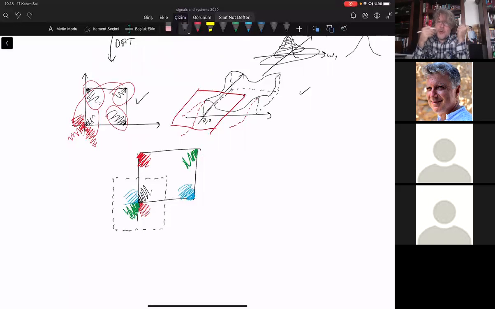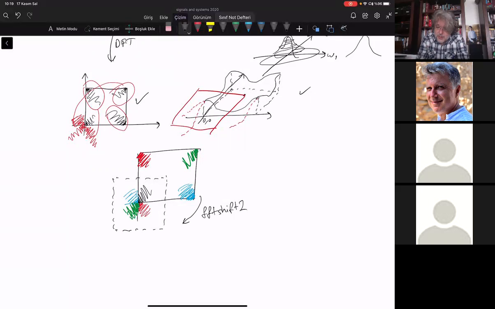That's the more natural way of people looking at the Fourier transform of 2-dimensional images. And there is a command in MATLAB, for example, from here to here, it is called fftshift. I think this is fftshift2 because it is in 2 dimensions. If you use this command, it automatically makes these adjustments for you and makes a visualization.